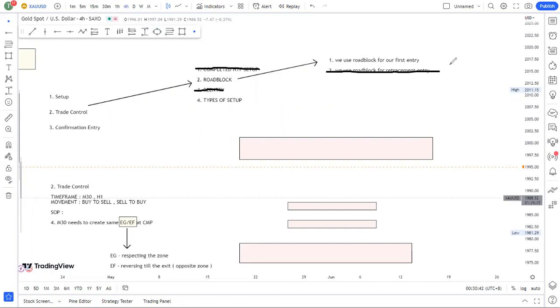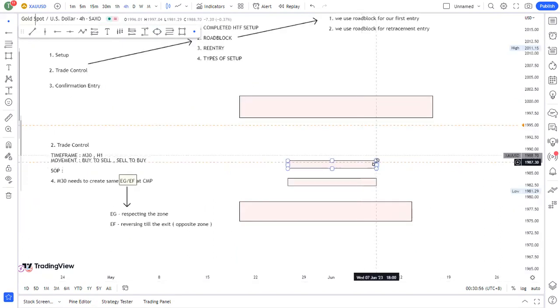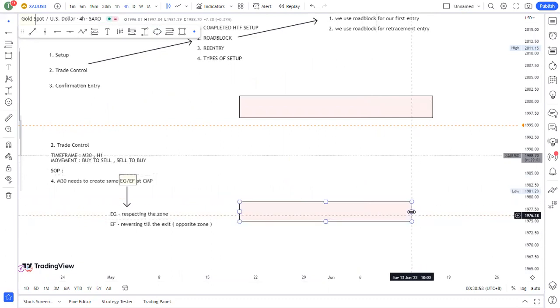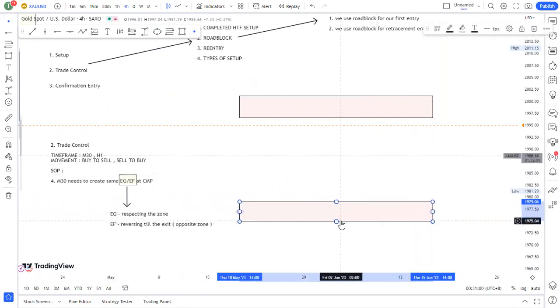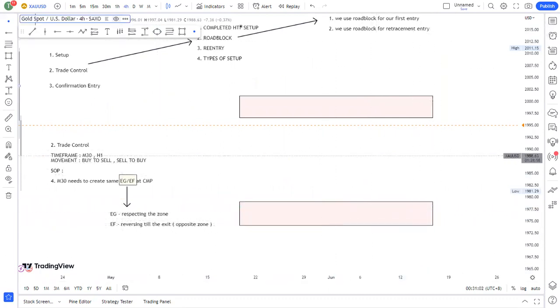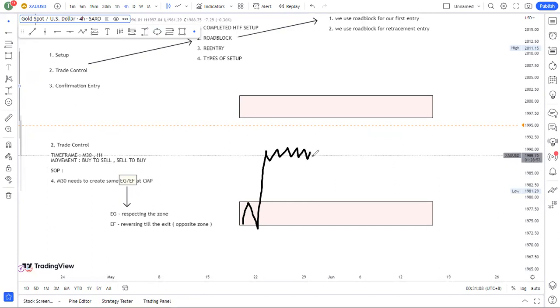Right now, talking about our trade control, have you ever asked yourself how that trade control has been created? I'm going to answer that question. Let's go through the theory to make it clearer. The price has an engulfing buy on H4 and gets into the zone.